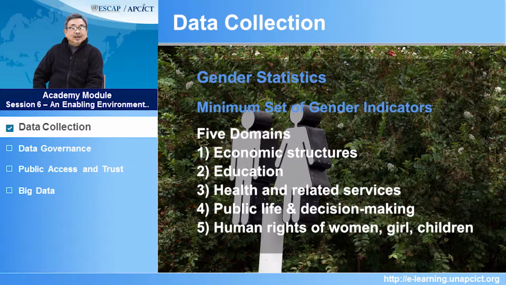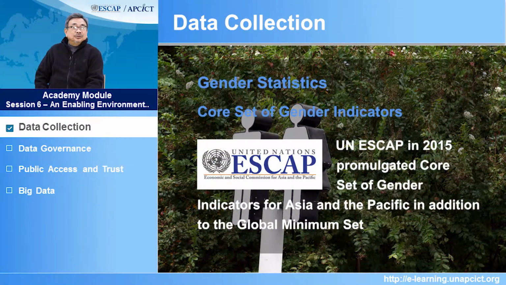The 5 domains are economic structures, education, health and related services, public life and decision-making, and human rights of women and girl children. In addition to the global minimum set, the UN APCICT in 2015 promulgated a core set of gender indicators for Asia and the Pacific.